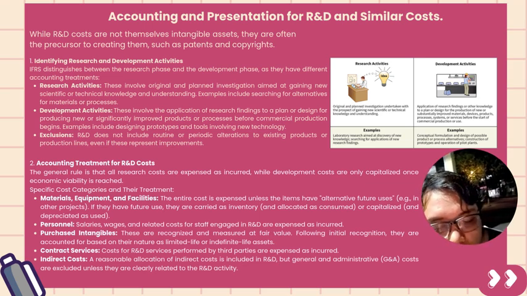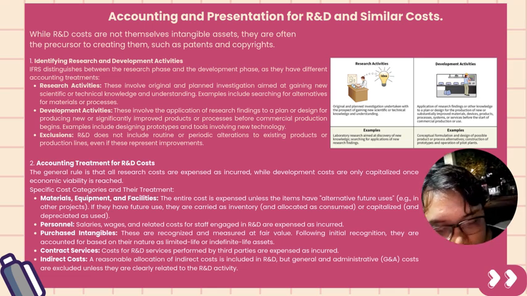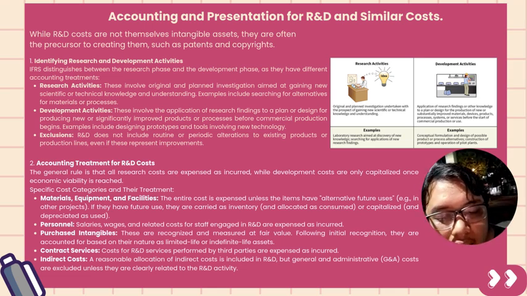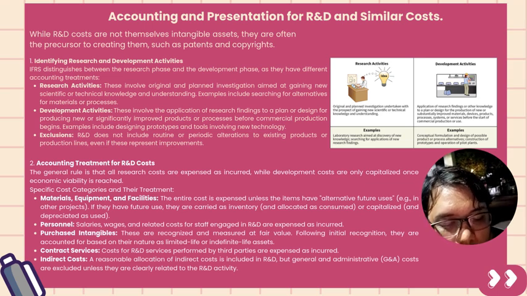Secondly is personnel, which includes salaries, wages, and related costs for staff engaged in R&D, expensed as incurred. And thirdly is purchased intangibles, where these are recognized and measured at fair value following initial recognition. They are accounted for based on their nature as limited life or indefinite life assets.